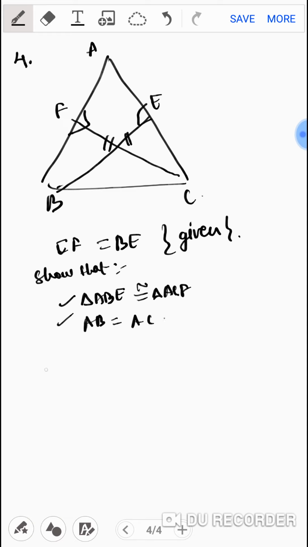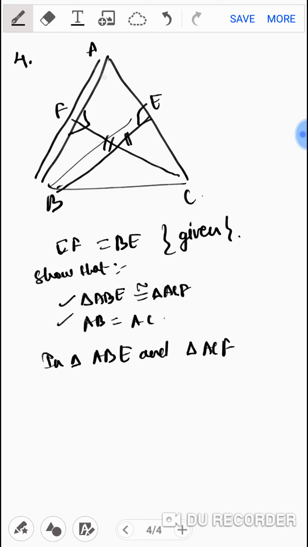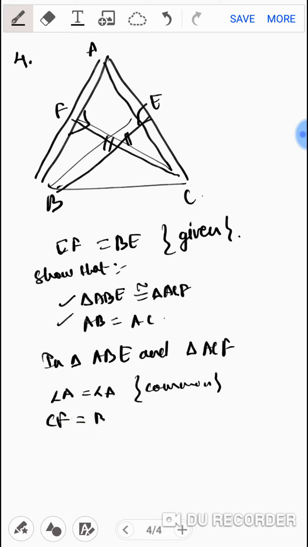Let's start. We will take triangle ABE and triangle ACF. Let's see what all points you can take. In both, angle A is equal to angle A, common angle. Then you have side CF is equal to BE, given. Then what you can take?